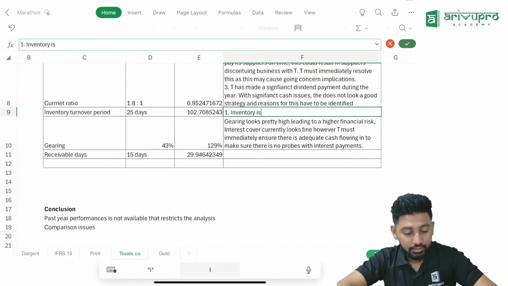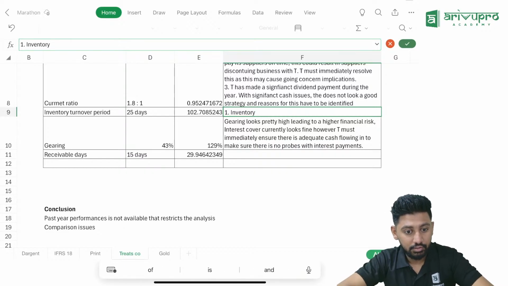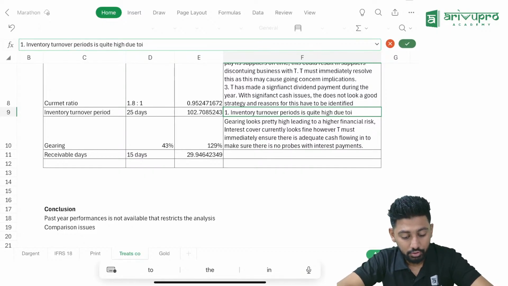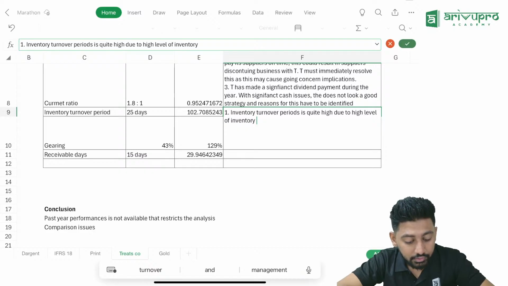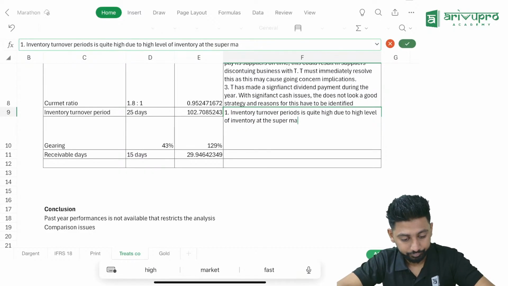Inventory turnover period is quite high due to high level of inventory at the supermarket.